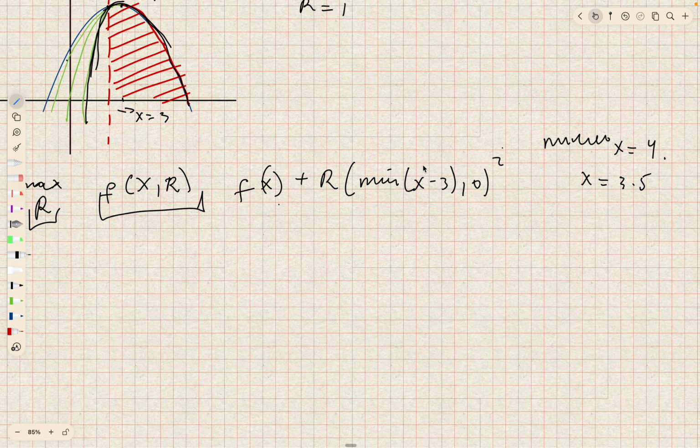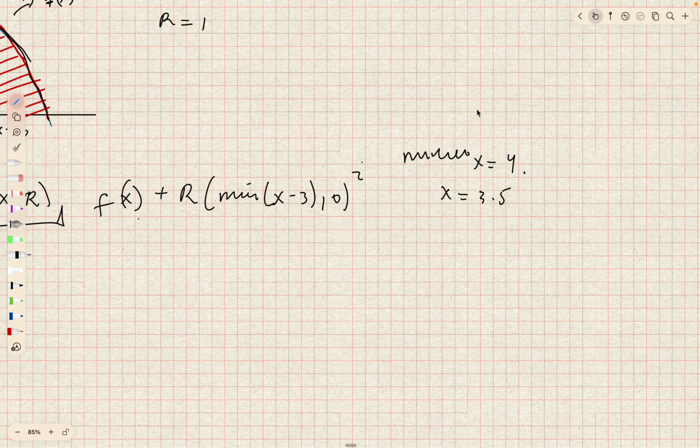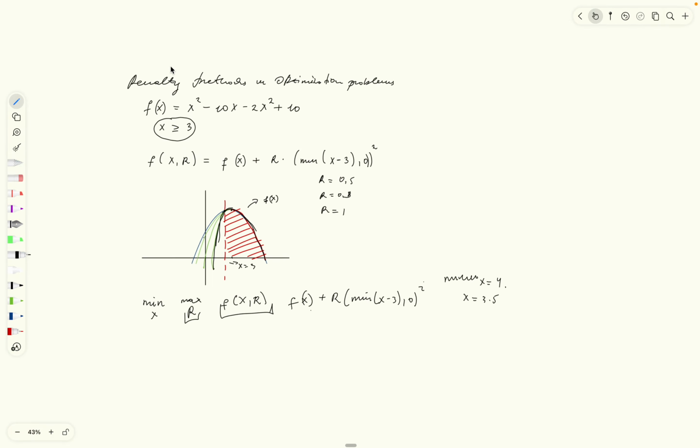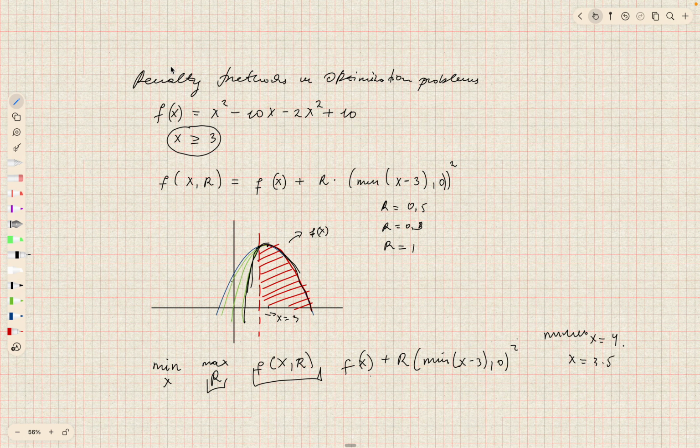When we see that the values of the minima are the same in the next iterations, then we stop. And that x will be the minimum of our objective function, but at the same time, it will satisfy the constraint. That is simply the penalty method in optimization problems.